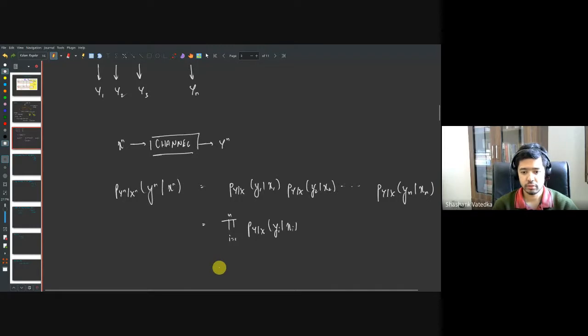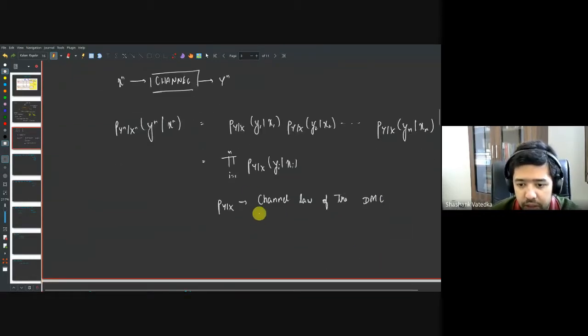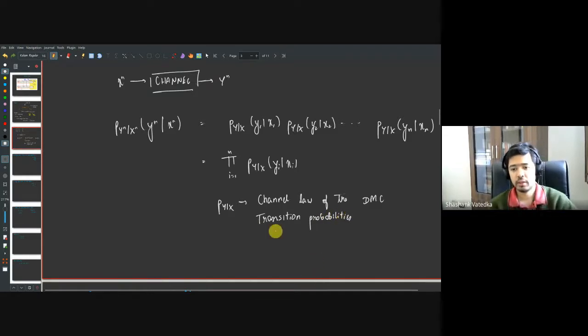So P(y|x) is what we will call the channel law of the discrete memoryless channel, or sometimes called the transition probability. All of these terms refer to the same quantity, P(y|x).